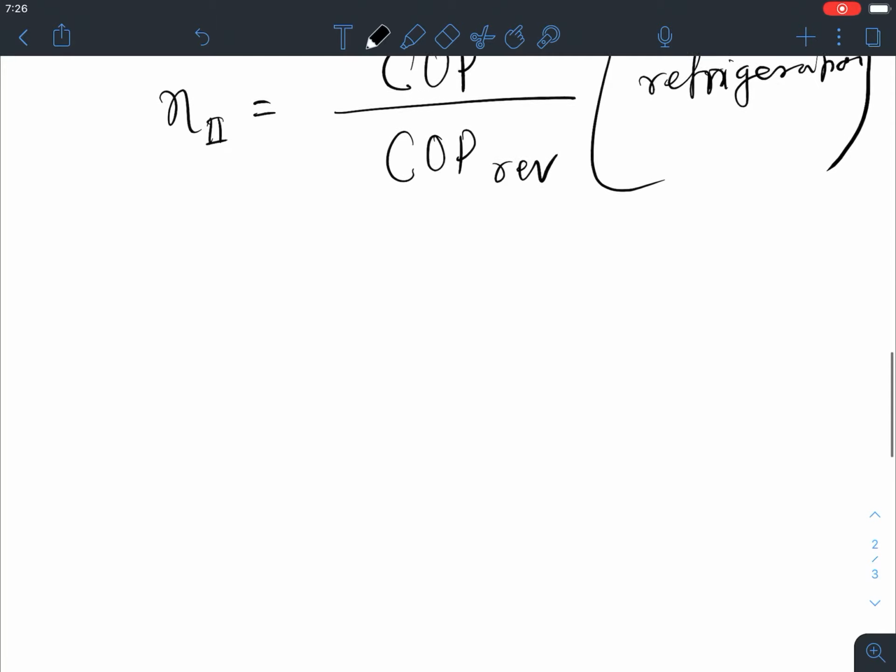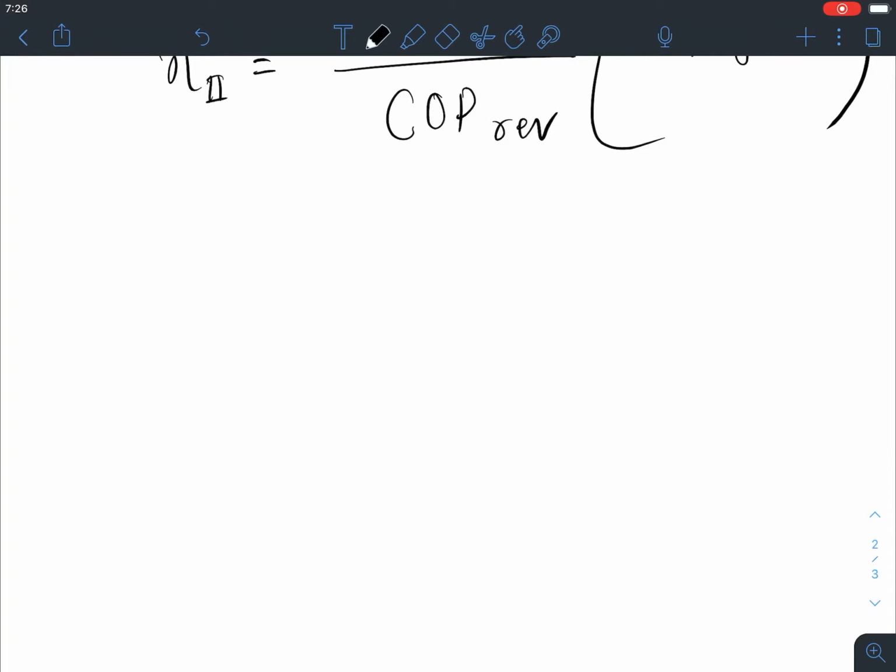Now if we would like to define the second law thermal efficiency, then we can define it in terms of exergy.